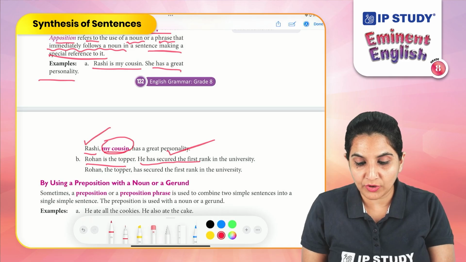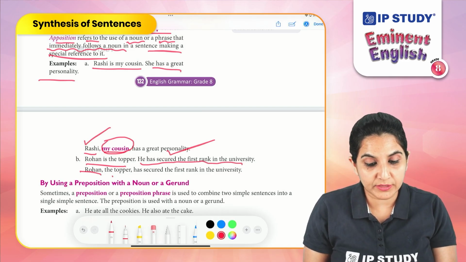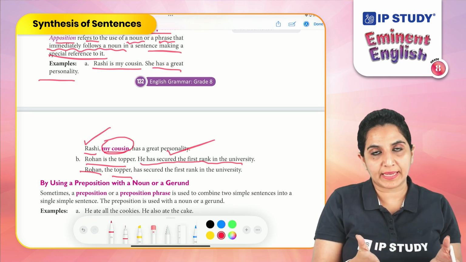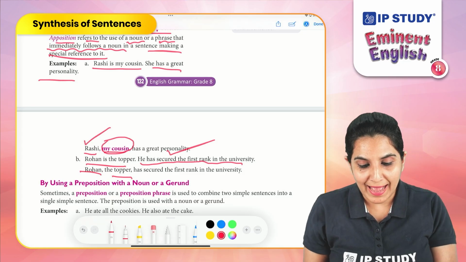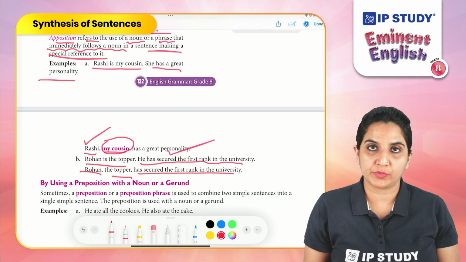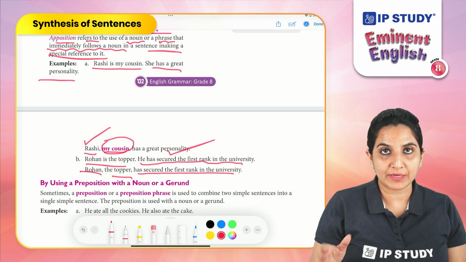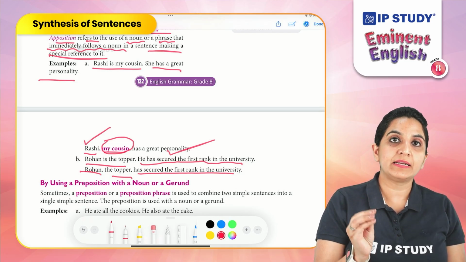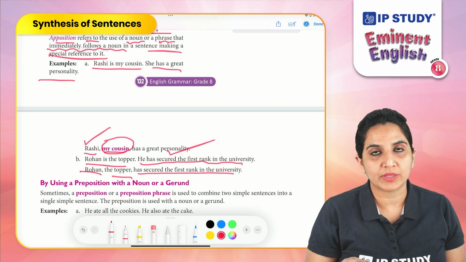He has secured the first rank in the university. Rohan, the topper. So again we have added a noun after the noun to describe Rohan. Rohan, the topper, has secured the first rank in the university. Now this is called apposition, and this is how we combine two sentences by using appositions. That means adding a noun or a noun phrase immediately after a noun in the sentence.